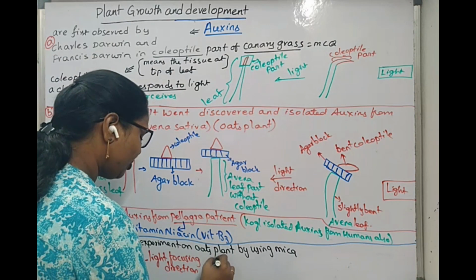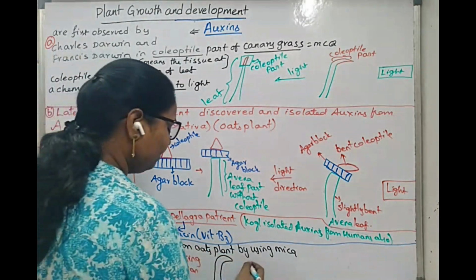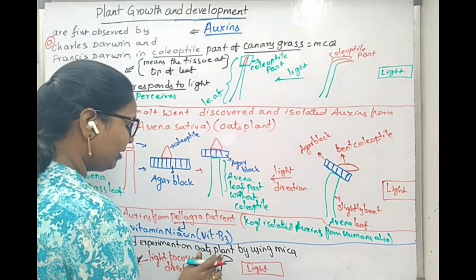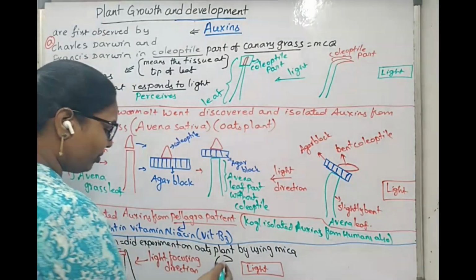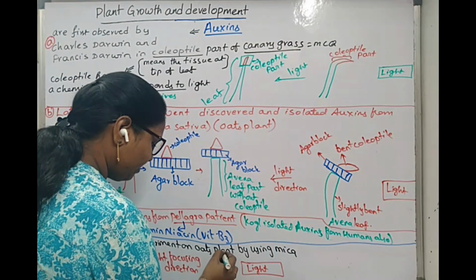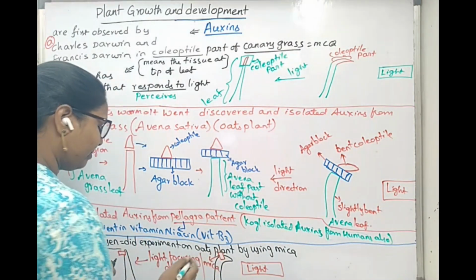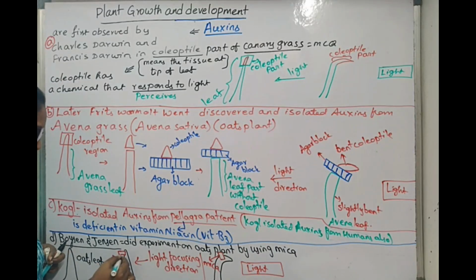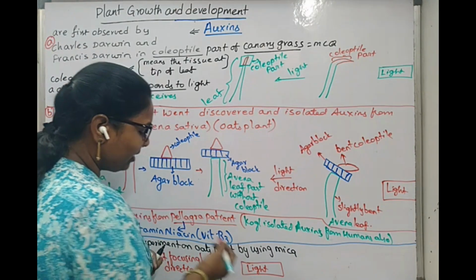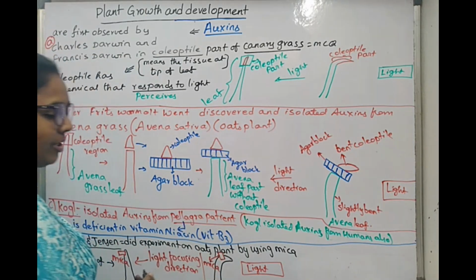The leaf showed a little bit of bend towards this direction because the light is here, and at the tip region the mica also showed some bend along with the coleoptile, towards the direction of the leaf.